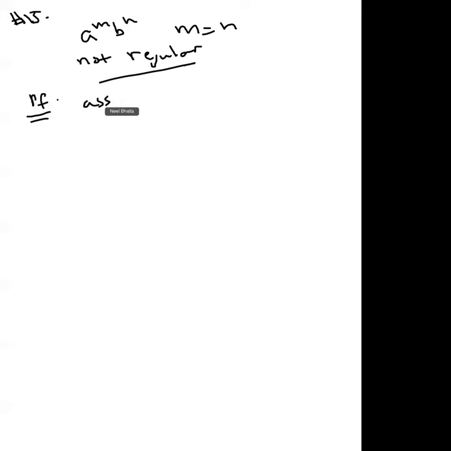Okay, but either way, let's use the pumping lemma and let's show that A to the M, B to the N for M equal to N is not regular. So start the proof over here. We're going to assume regular for a second. And then we're going to say there is a pumping length p out there.